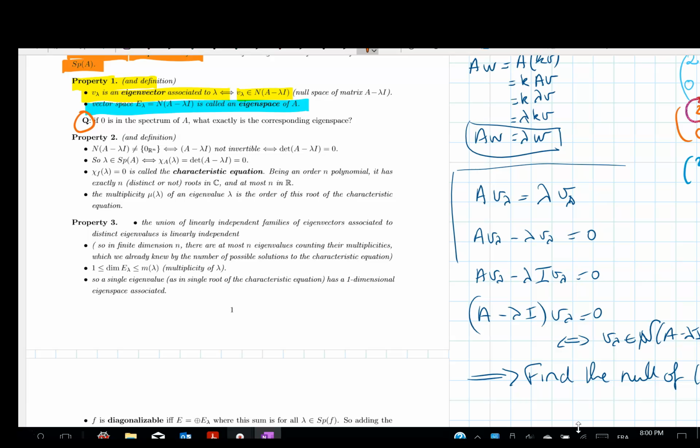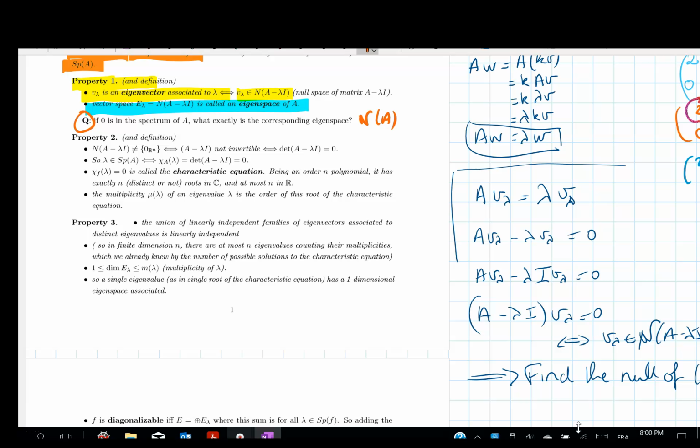The next question is quite important. If 0 is in the spectrum of A, we never said that 0 should be excluded, but yes, indeed, 0 could be in the spectrum of A. That's a possibility. What exactly is the corresponding eigenspace? Well, obviously, you just have to substitute lambda by 0. So the corresponding eigenspace is just going to be the null space of A, right?